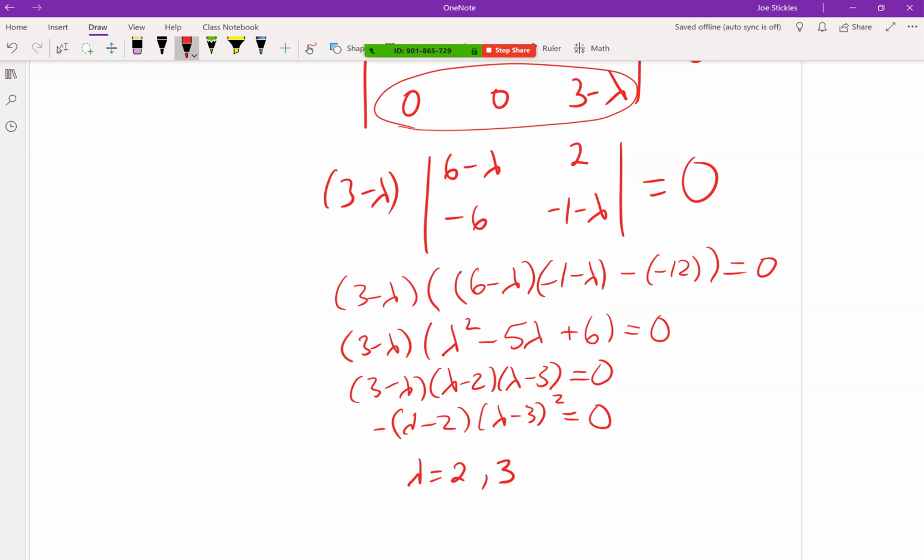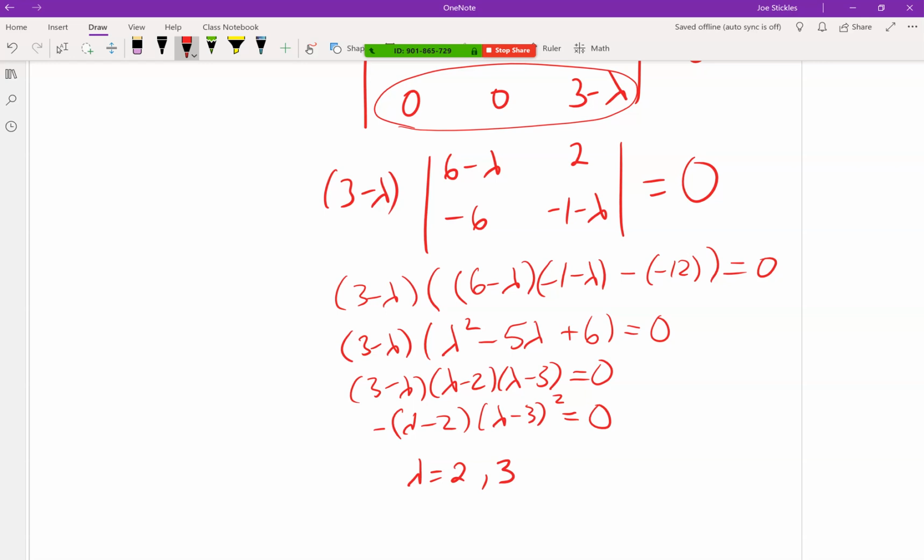And remember, when we have distinct eigenvalues, we know we can find linearly independent eigenvectors, because an eigenvector associated with one eigenvalue is linearly independent from any other eigenvector from different distinct eigenvalues. So we know we have something that's a little bit different here with the eigenvalues going on.